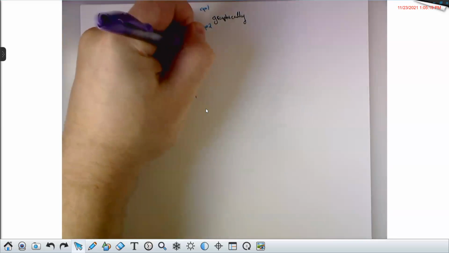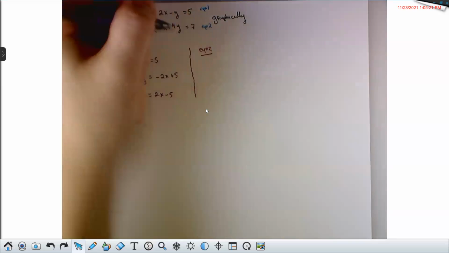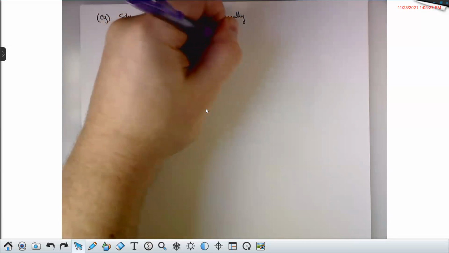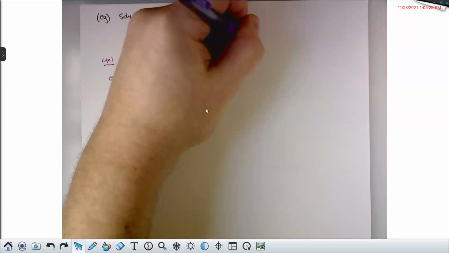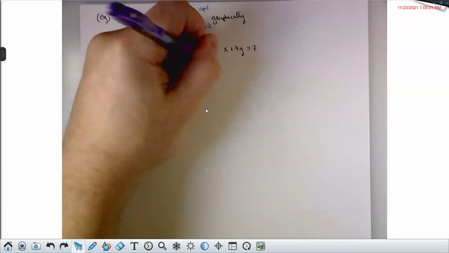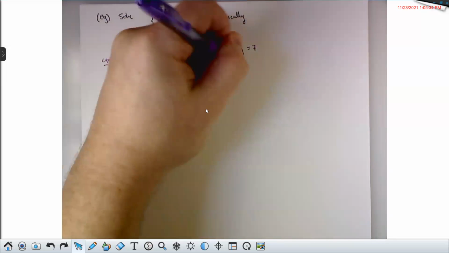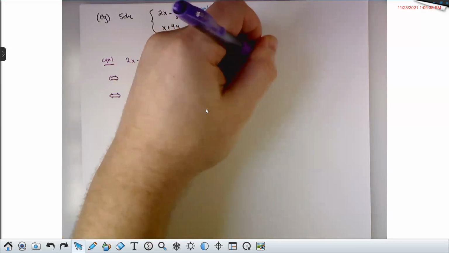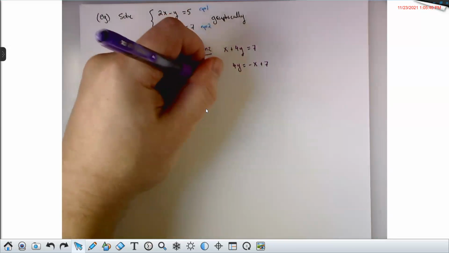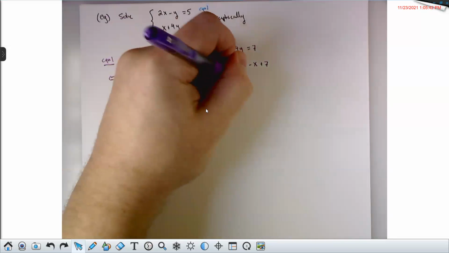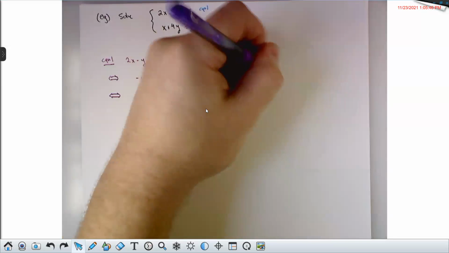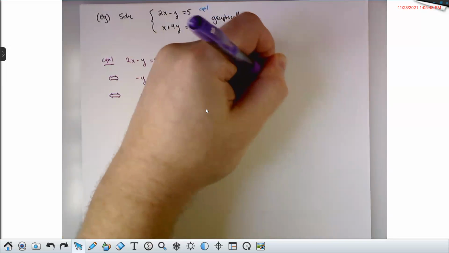Doing the same thing with equation 2, x plus 4y equals 7, which means 4y is negative x plus 7, which means y is negative 1/4 x plus 7/4.